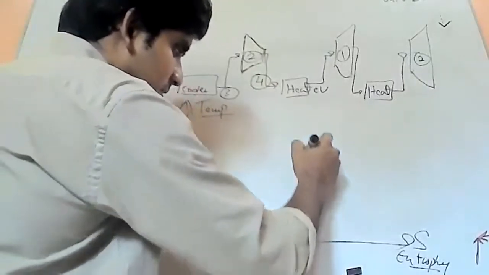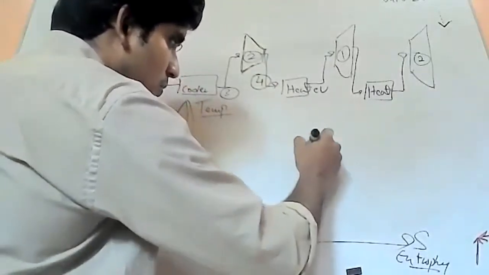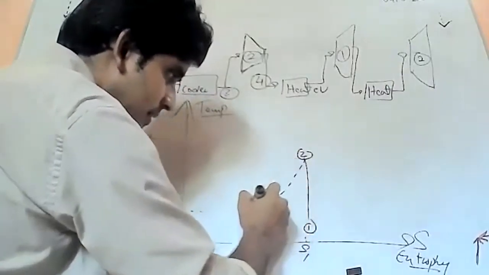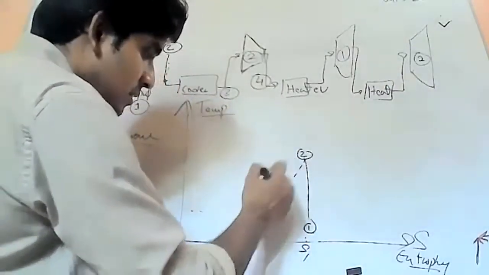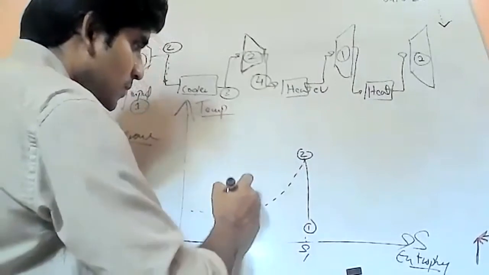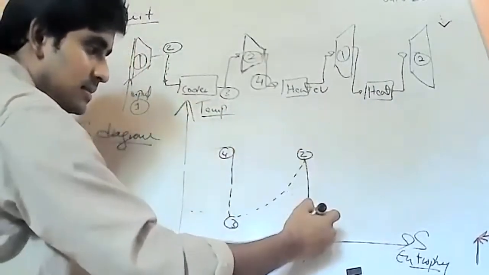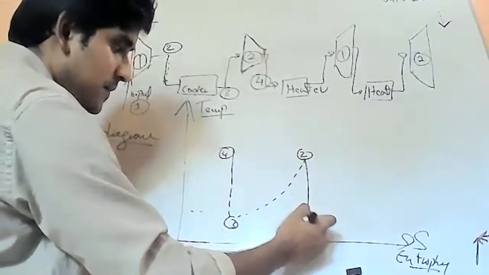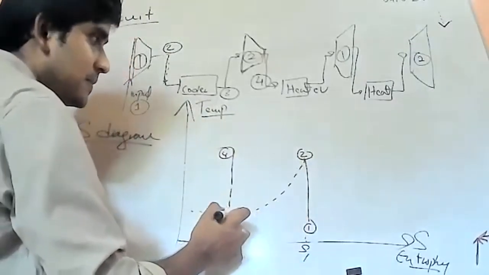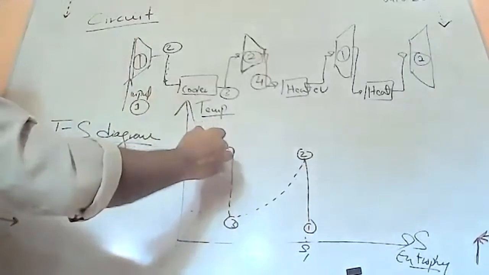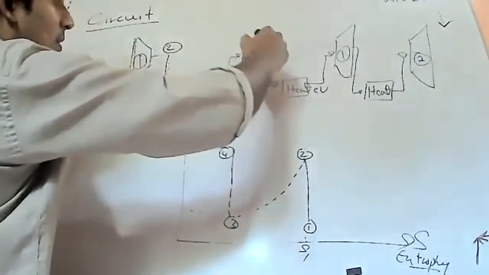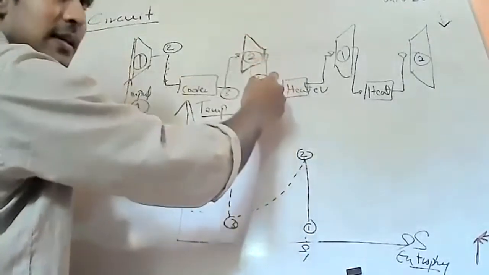This is the first compression, say 1 to 2. Then we cool it, intercooling, from 2 to 3, and then 3 to 4. Because this takes place under the same entropy and this takes place under the same entropy. Now this is point 4, the end of the second compressor, that means the final compressor.